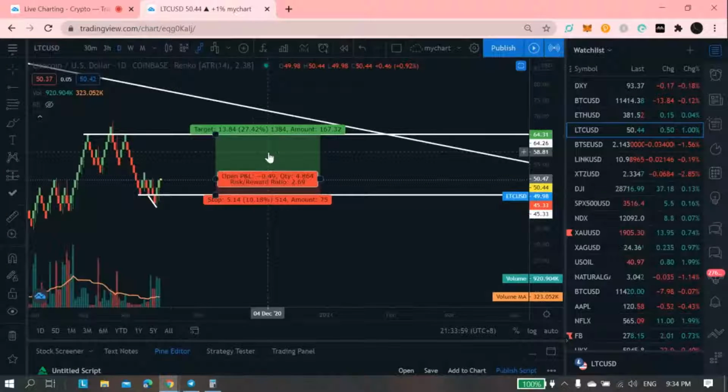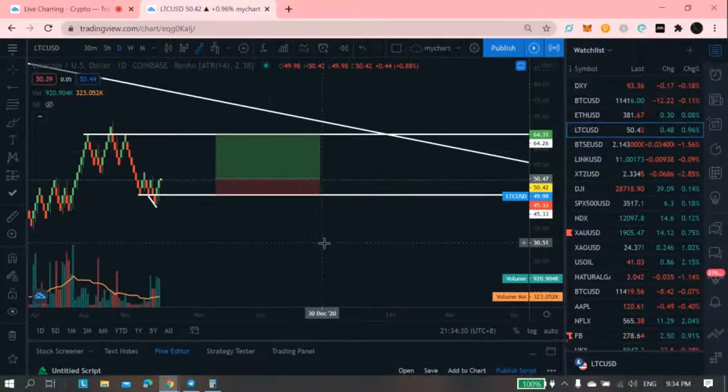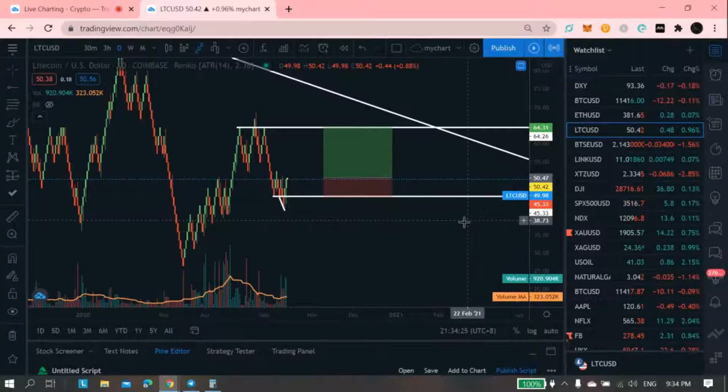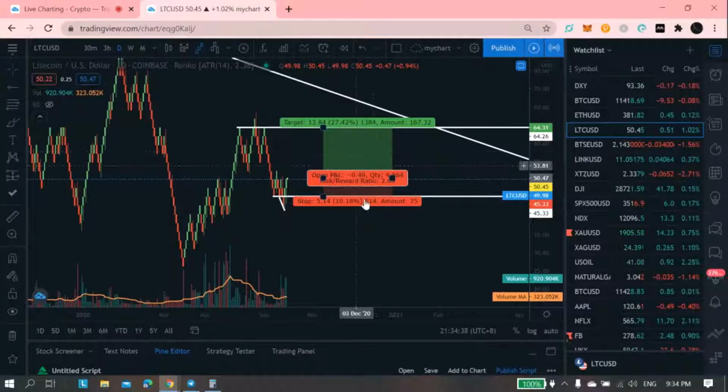I can still make a profit of 27.42%, and if I get stopped out, I will lose 10.18%. Since I trade mostly perpetual contracts in cryptocurrencies, I'm using the maximum leverage of 100 times.